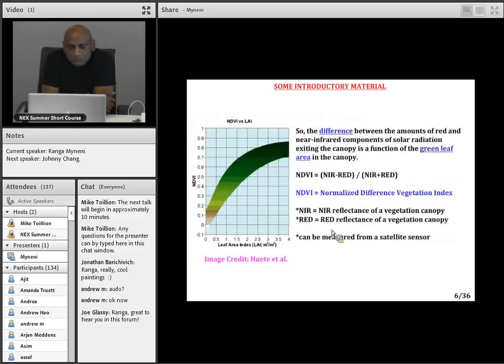So this big difference between the amounts of red and near-infrared components of solar radiation that is exiting the canopy is a function of the amount of green leaf area, as you can imagine.